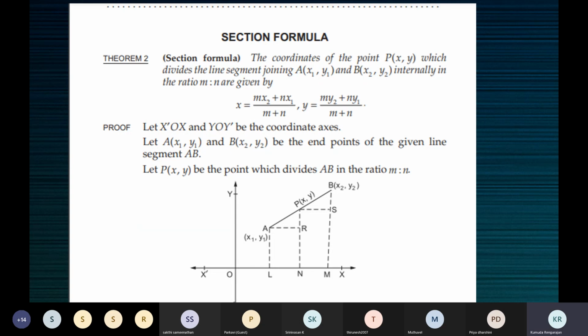Now, A by B is equal to C by D is a proportion. What is a proportion? When two ratios are equal, they are said to be in proportion. When two or more ratios are equal, they are said to be in proportion.